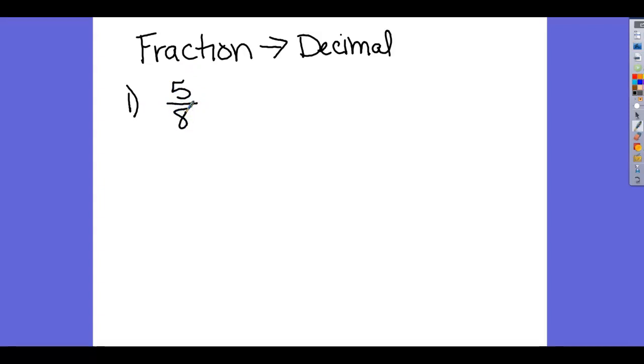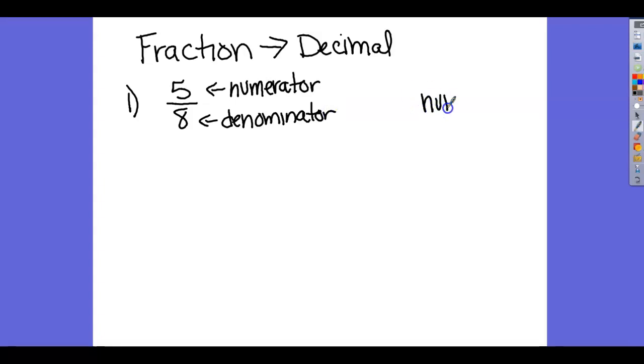As a quick review, the top number is called your numerator. Your bottom number is called your denominator. And when you are changing a fraction into a decimal, you take your numerator and divide it by your denominator.